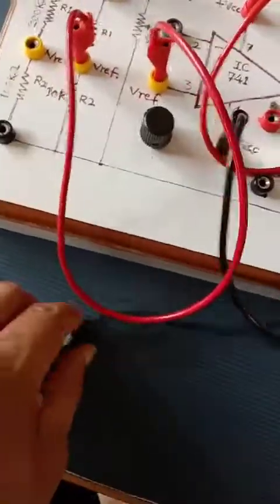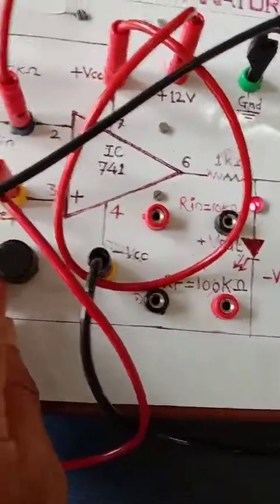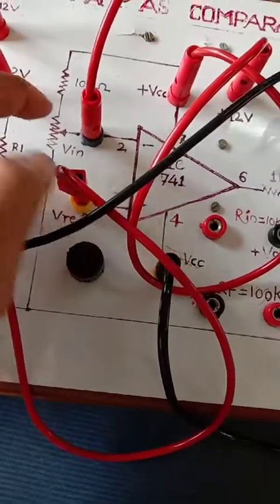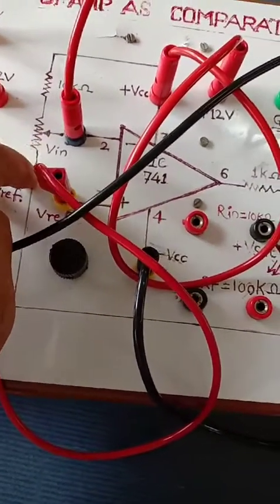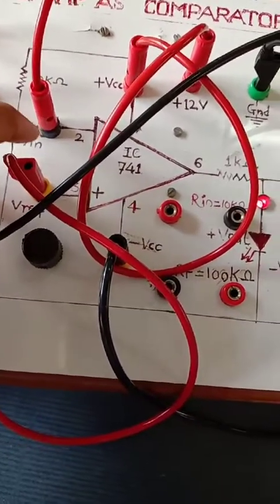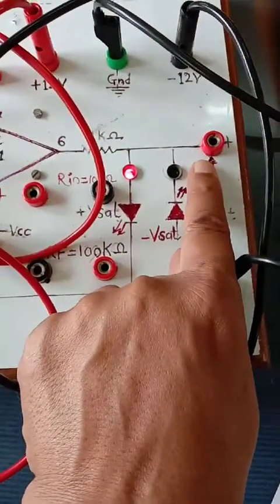Then connect the negative terminal of the multimeter to this ground line, and the positive terminal to the input. Now since the reference voltage is 6 volt, and this is an inverting type comparator, whenever the input voltage is less than 6 volt we get a positively saturated output voltage.